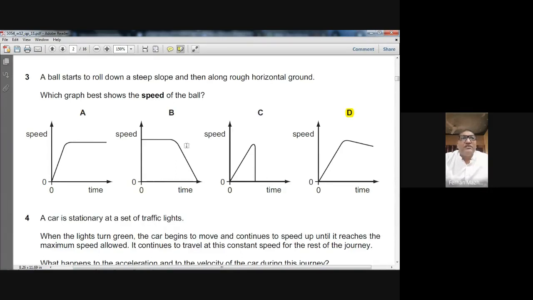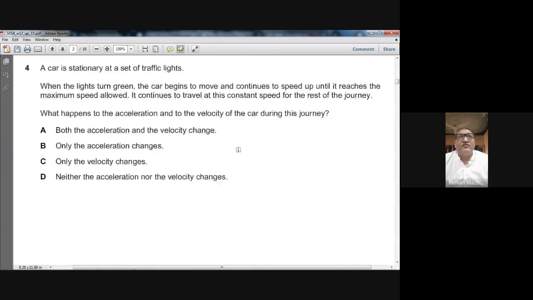Okay, so next question number 4. A car is stationary at a set of traffic lights. When the lights turn green, the car begins to move and continues to speed up until it reaches the maximum speed allowed. It continues to travel at this constant speed for the rest of the journey. What happens to the acceleration and to the velocity of the car during this journey?